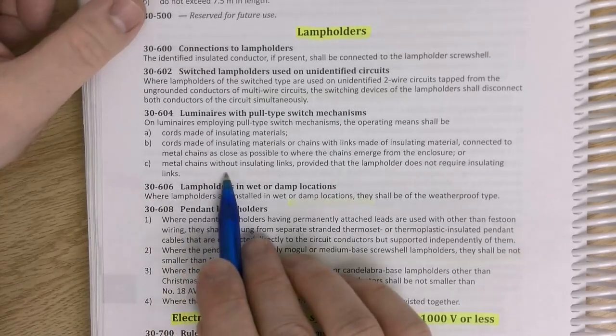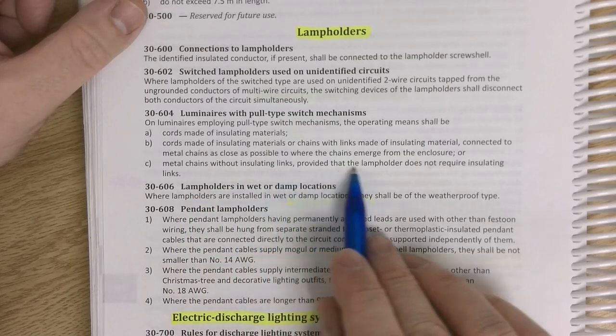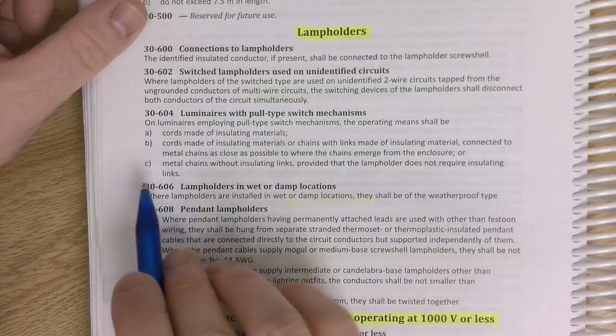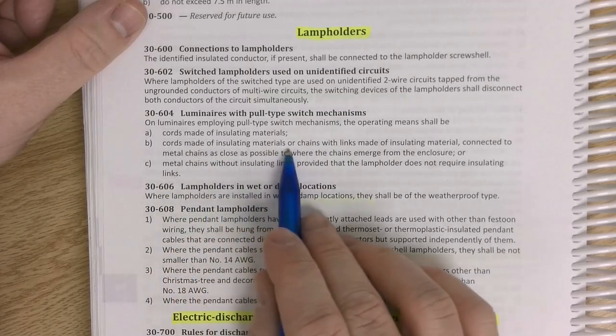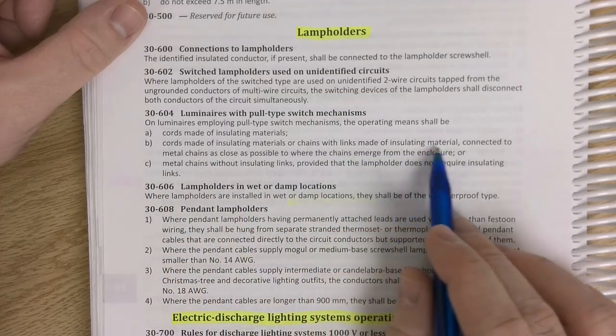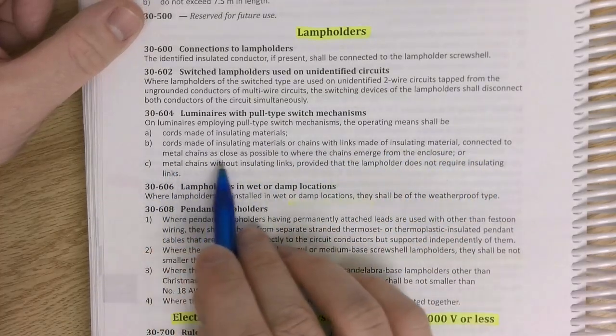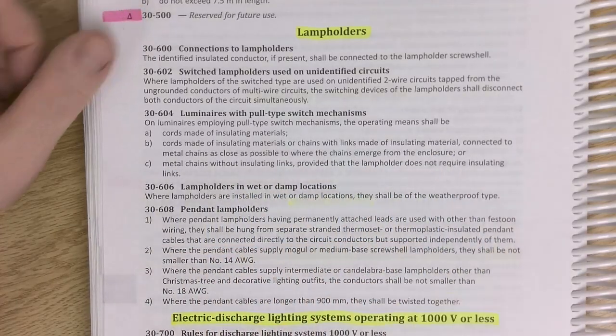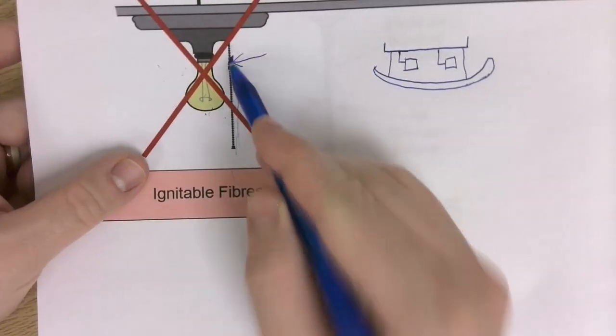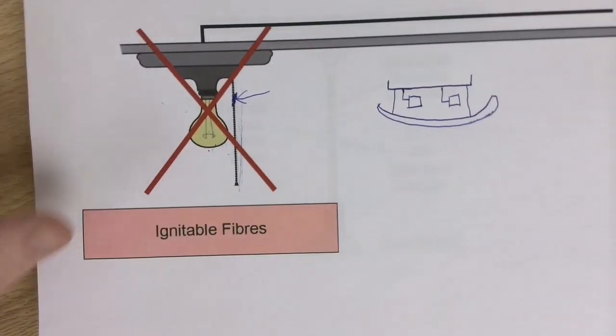Metal chains without insulating links, provided the lamp holder does not require insulating links, or cords made of insulating materials, or chains with links made of insulating material connected to metal chains as close as possible to where the chains emerge from the enclosure. So basically we need to have this insulated to some degree is a way to read those rules.